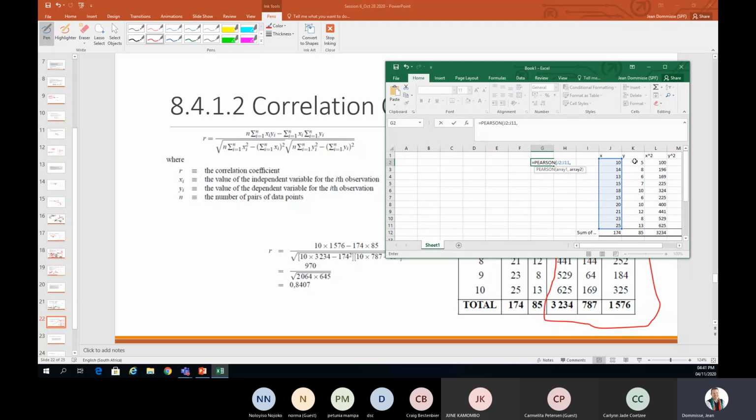It asks you to put in the second array, and as easy as that, you are getting the answer. Okay, 0.8407. So that was through the Pearson formula that is already built in Excel.